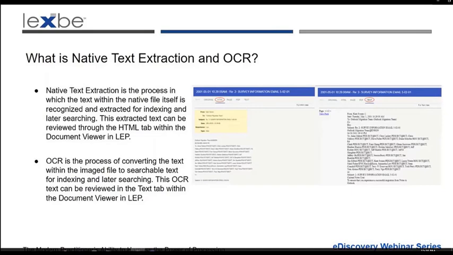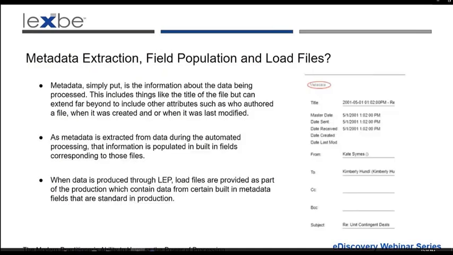Both the native text and the OCR text are contained within Lexbe's Uber index for searching. Now that we've talked about native text extraction and OCR, let's talk about metadata extraction, field population, and load files.